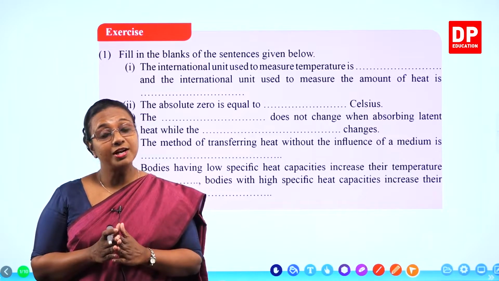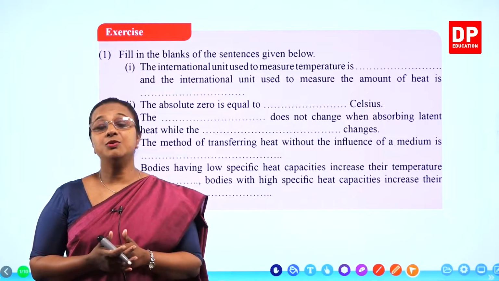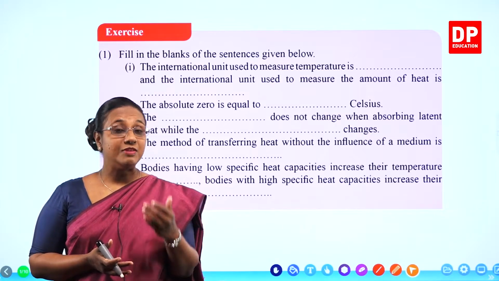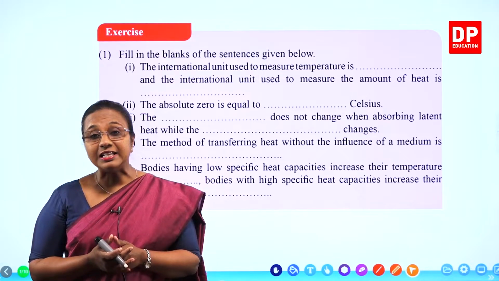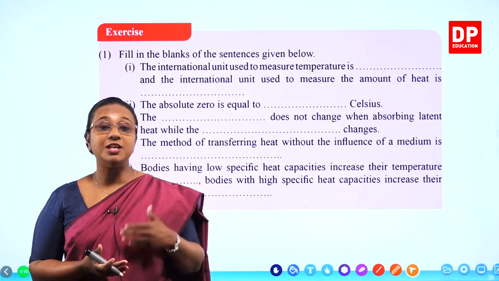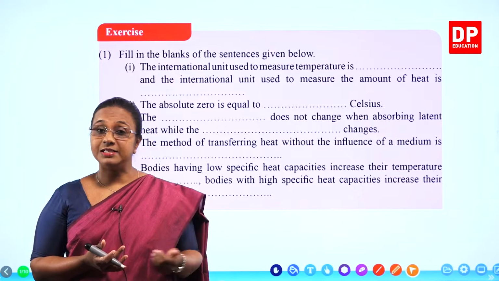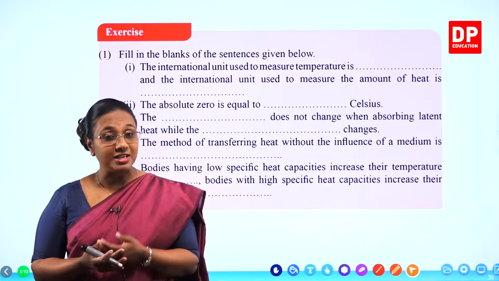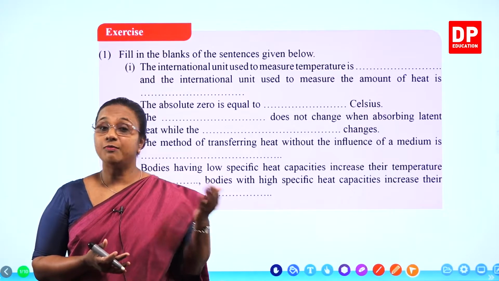And thereafter, you all can remember we discussed the different types of thermometers that are used to measure temperature. Then we discussed what heat transfer is. Thereafter, we looked at the different types of state changes that take place when you provide heat to a substance. So, under that melting point, boiling point, we have discussed the latent heat of fusion, latent heat of boiling.